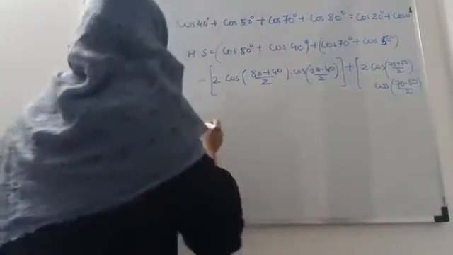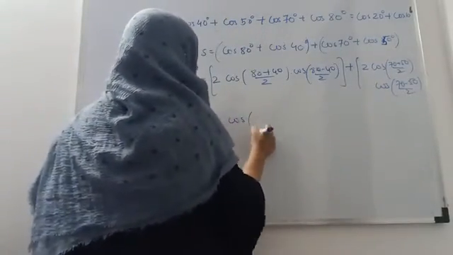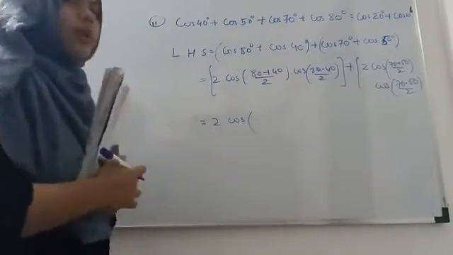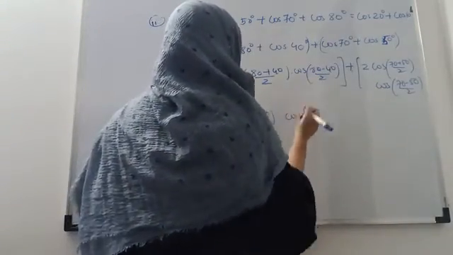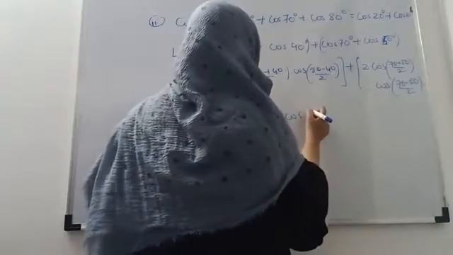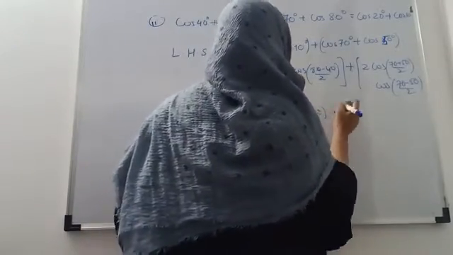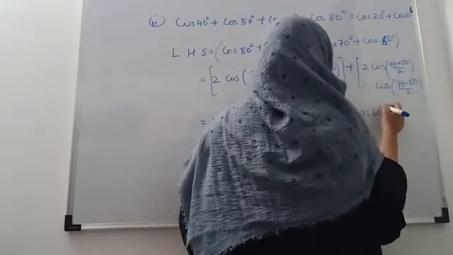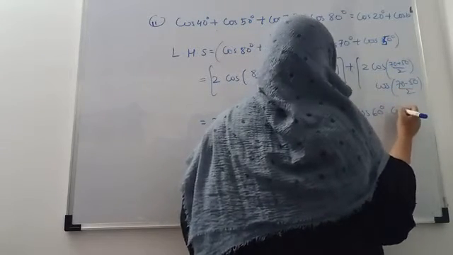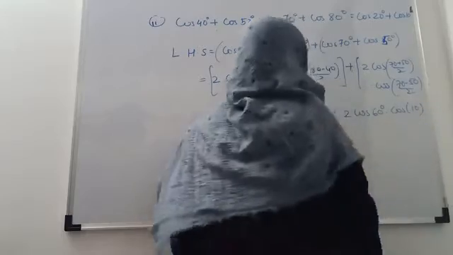Now here it is 2 times cos 60, since 120 upon 2 is 60, into cos 20, plus 2 cos 60 into cos 10.